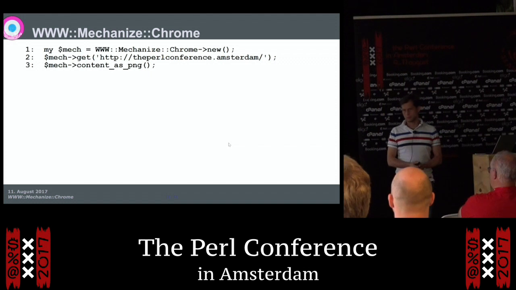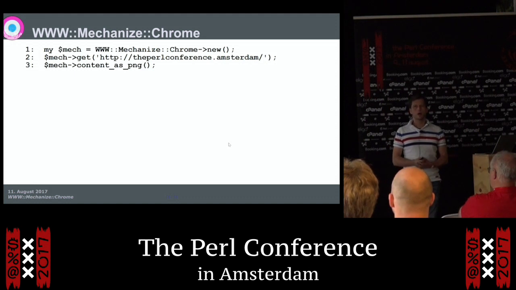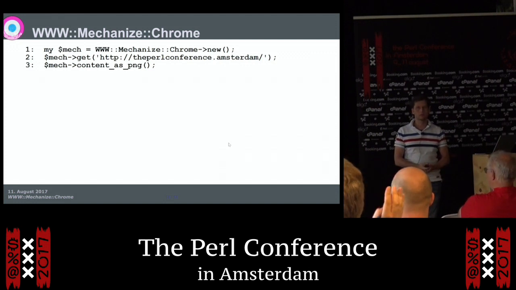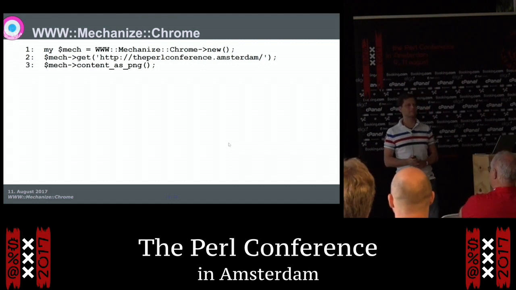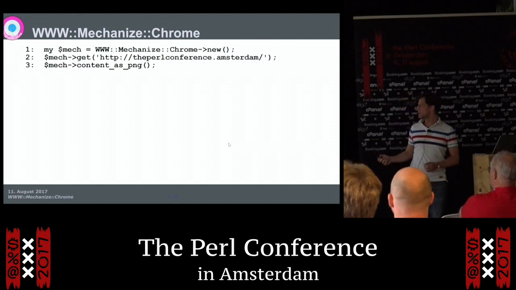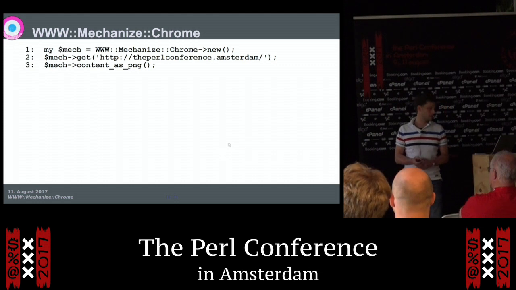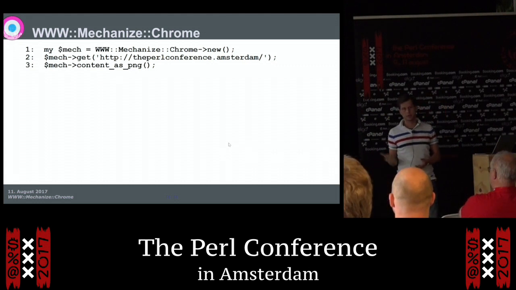Using it looks quite familiar if you already know WWW::Mechanize. How many people here know the API of WWW::Mechanize? Okay, great. So I won't explain that much to you, and I hope this basically looks familiar to you. In line 1, I create a new Mechanize Chrome object.